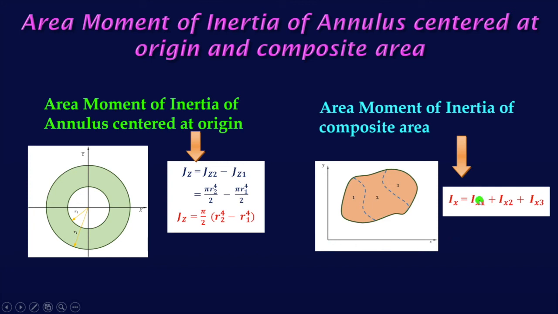Then only you can add. If Ix1 is measured with respect to one axis, say the x1 axis, Ix2 from the x2 axis, and Ix3 from the x3 axis, so different axes, then you cannot add. So in that case, use the parallel and perpendicular axis theorem to convert to a single axis, and then only you can add. In the next topics, in detail with an example, we'll explain it better.